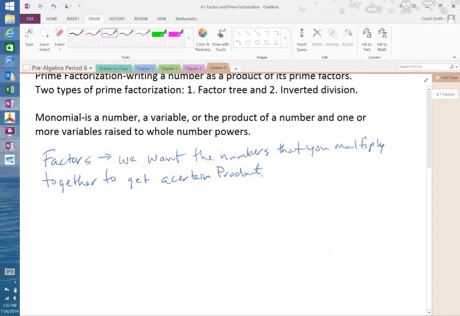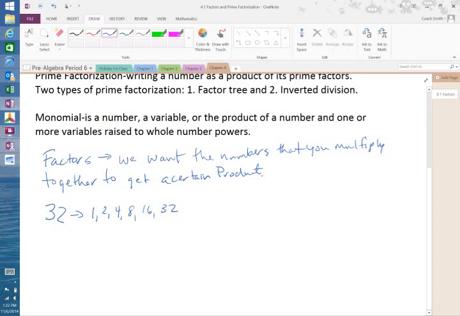For example, factors of 32. Factors of 32 are 1, 2, 4, 8, 16, 32. Those are the factors of 32.